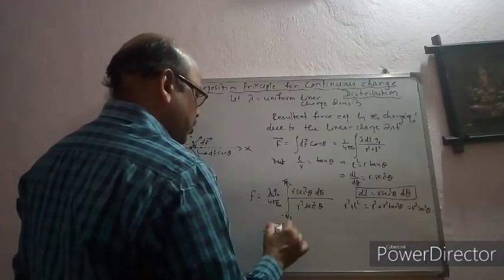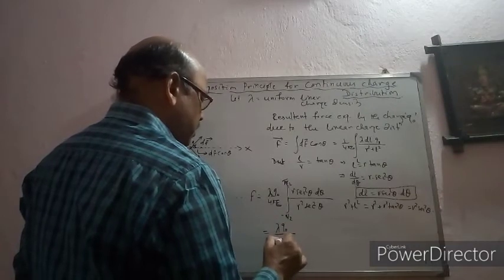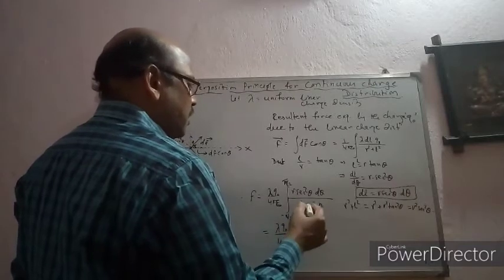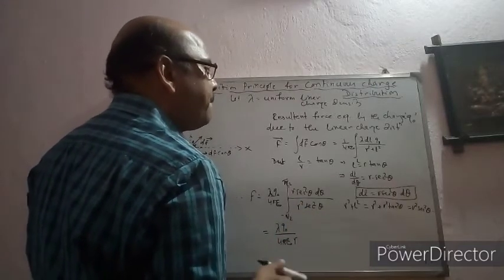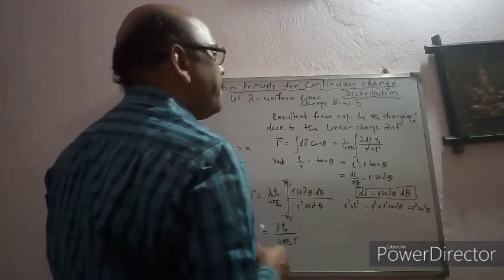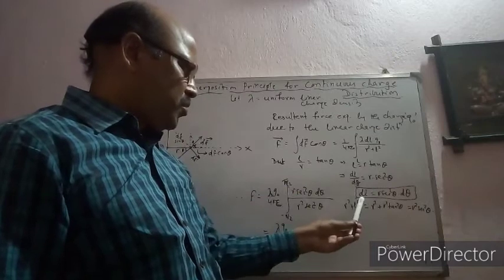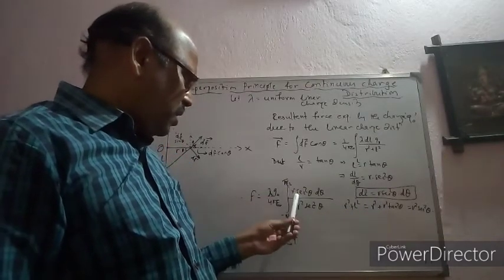Lambda Q naught by 4 pi epsilon naught R. One R came out. And what remains inside? Lambda into dl into Q naught by R square plus L square whole square. So dl is equal to R sec square theta.